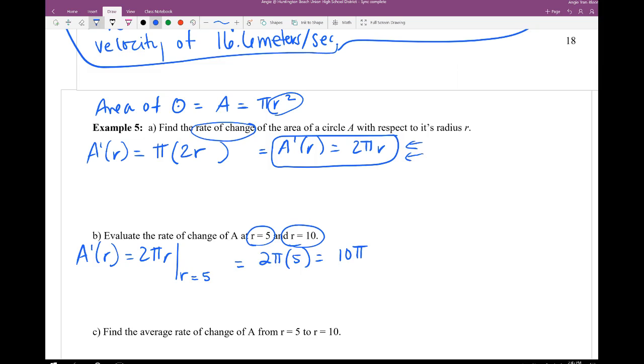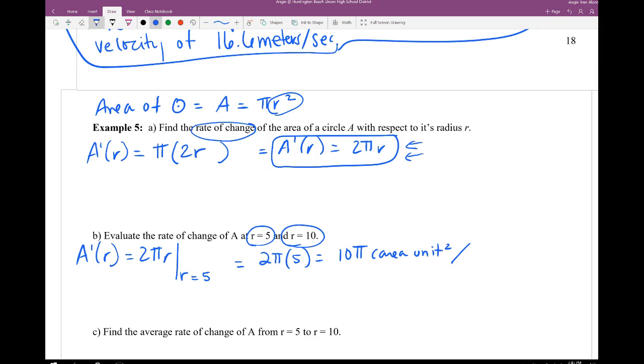For the rate of change, in this case A prime, we're talking about the area, so it's always the area unit over the radius unit. When you talk about area, it's unit squared. So let's say the radius is 5 inches.